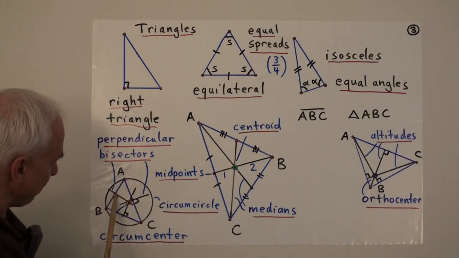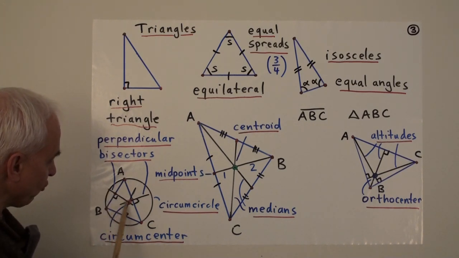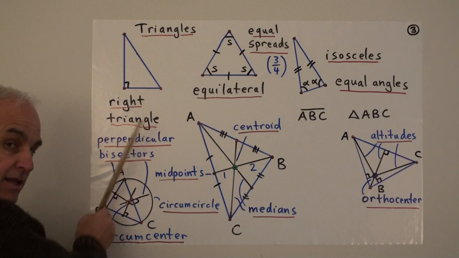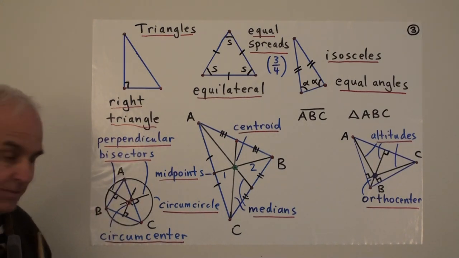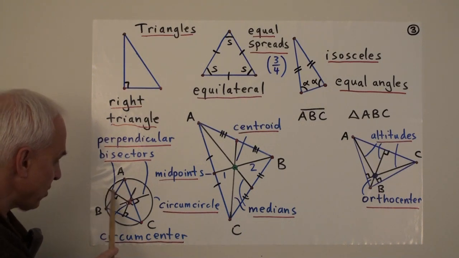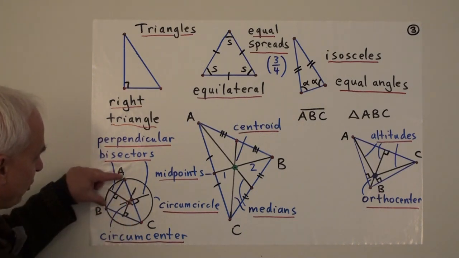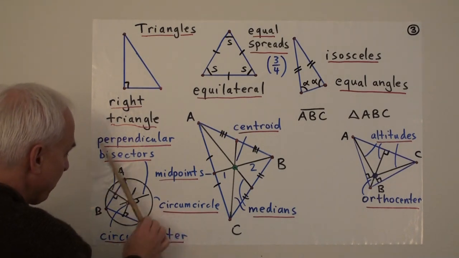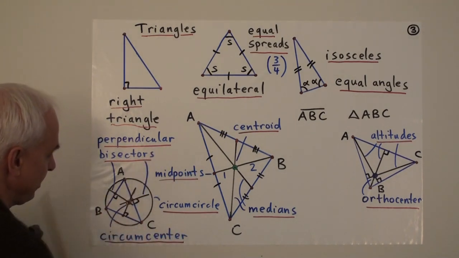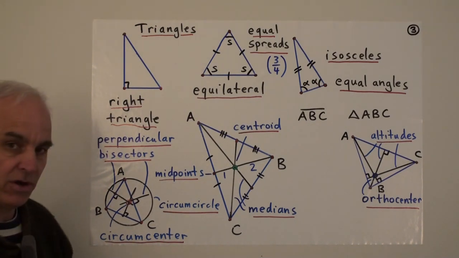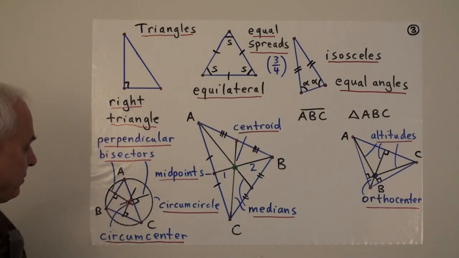And now from any one of these midpoints, if we draw a line which is perpendicular to the actual side that the midpoint is on, so this line is perpendicular to this one, this is called a perpendicular bisector of that side. And there are 3 perpendicular bisectors, and they meet at a point called the circumcenter of the triangle.